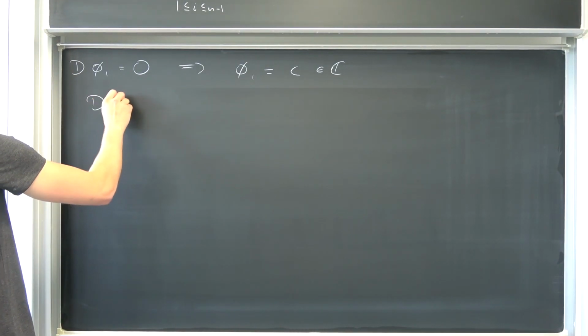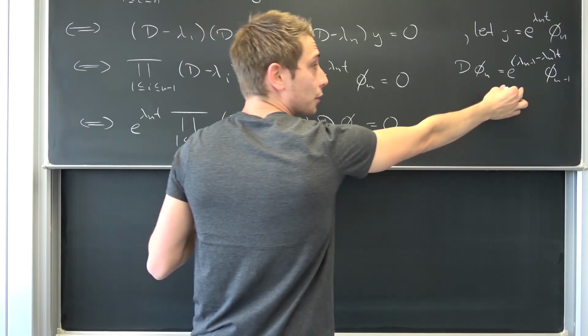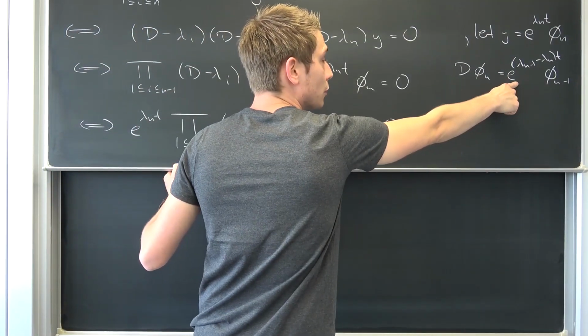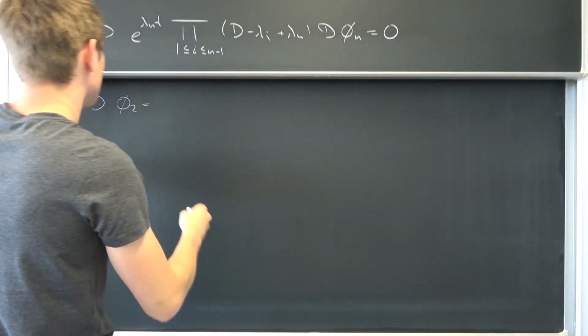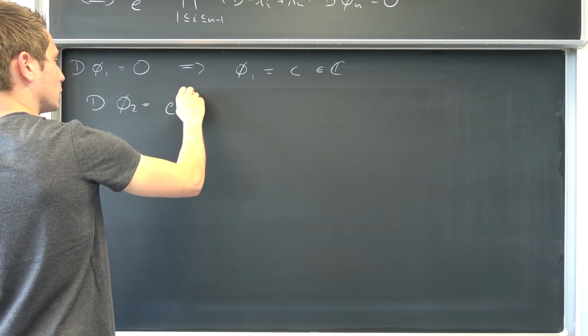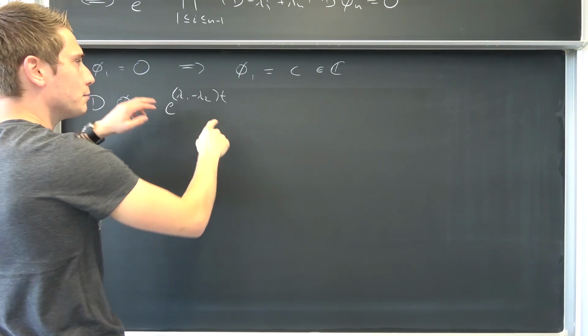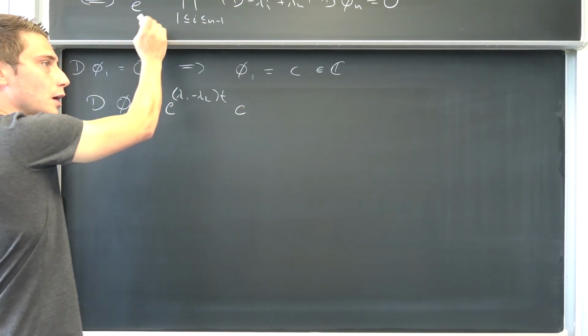What does it look like? Well, by the exponential shift theorem and doing those substitutions, we are going to be left with e to the, well, lambda 1 minus lambda 2 times t. Phi n minus 1 is going to be phi 1, which is nothing but a constant right here.